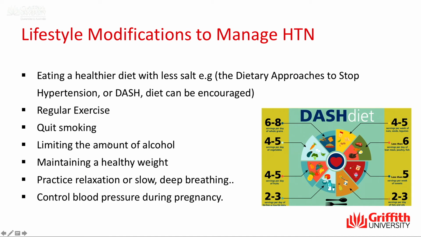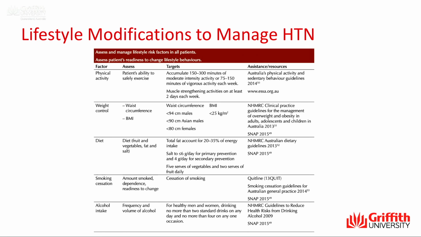The GP might suggest they quit smoking, limit the amount of alcohol, and aim for a healthy weight. Practicing relaxation or slow deep breathing, and controlling blood pressure during pregnancy. So that's briefly the lifestyle modifications for managing hypertension.